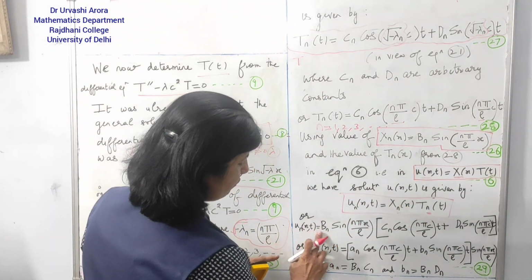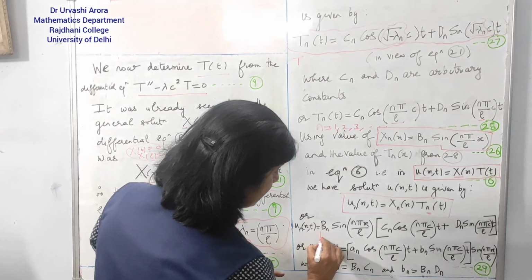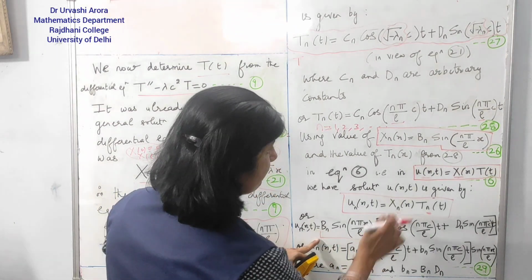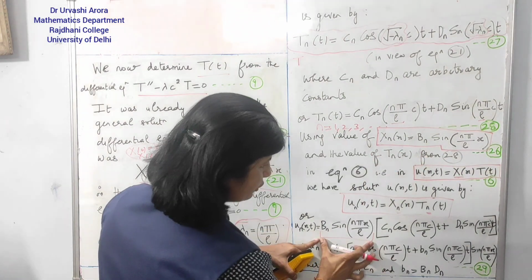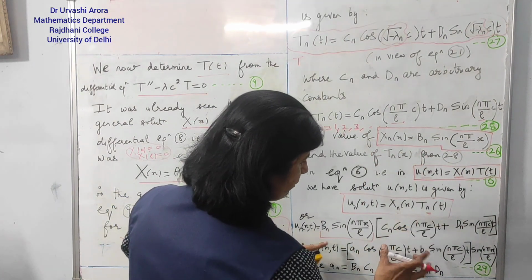So u_n(x,t) would be given by Bn sin(n pi x / l). This is the value of X_n(x) that we have substituted, and again we will substitute the value of T_n(t).